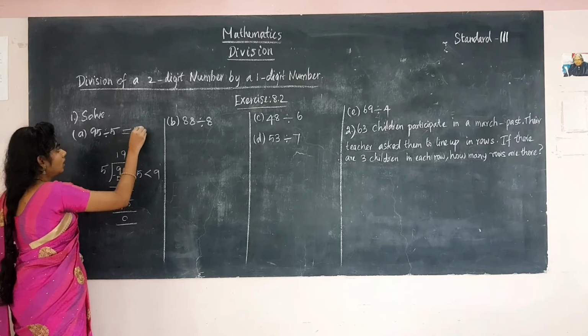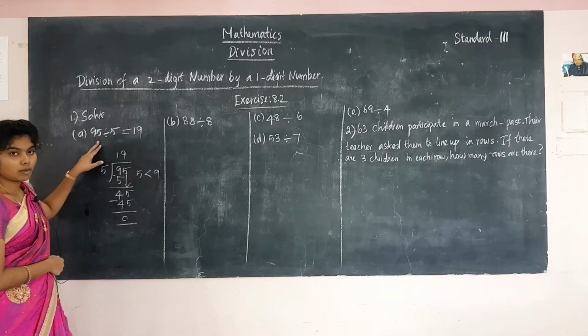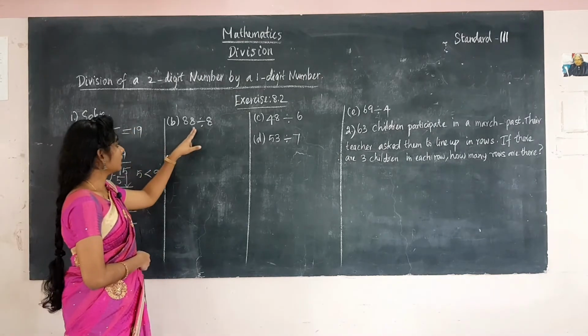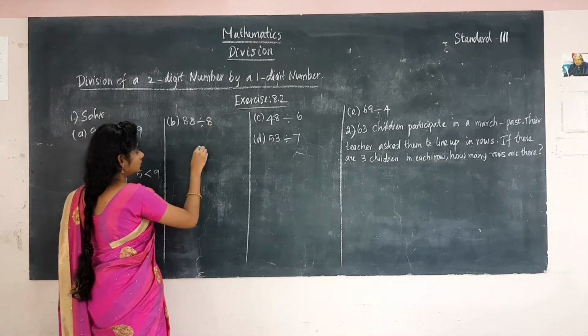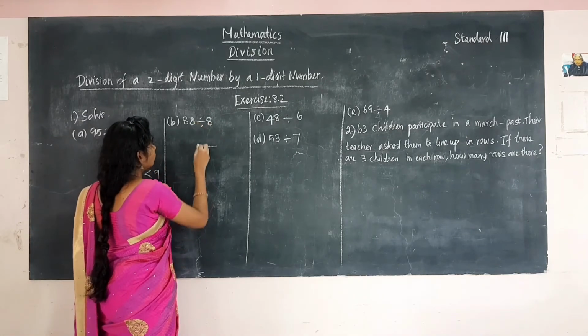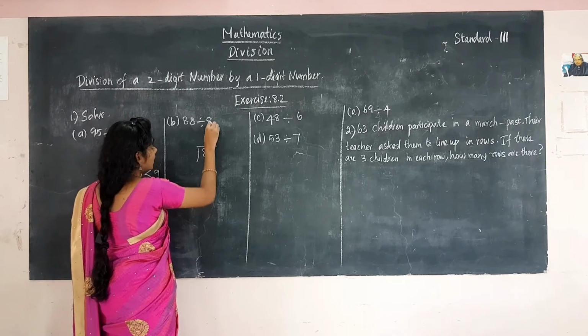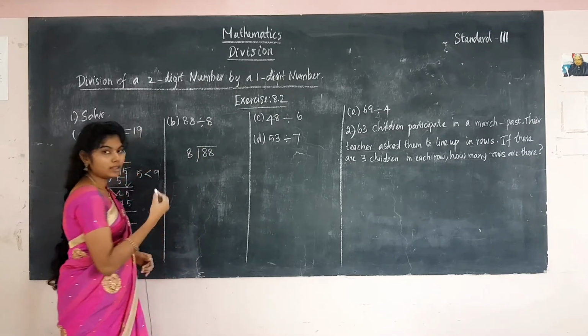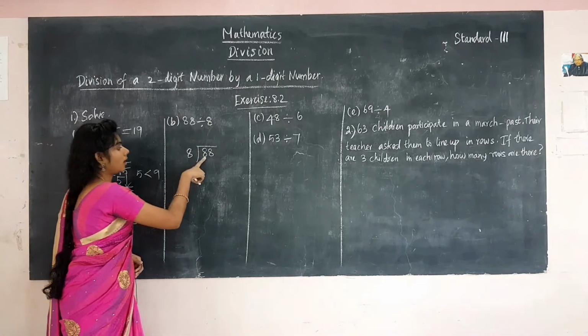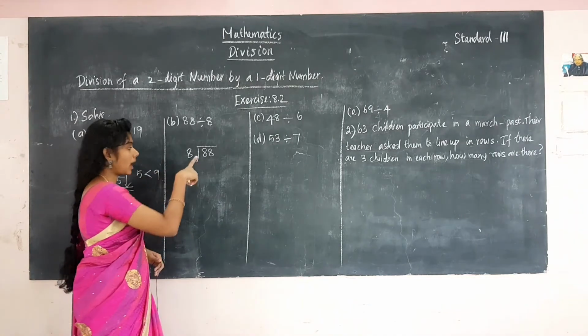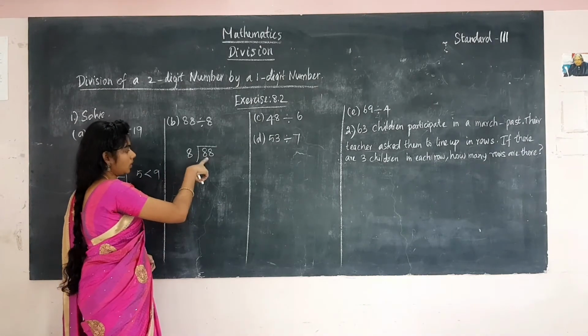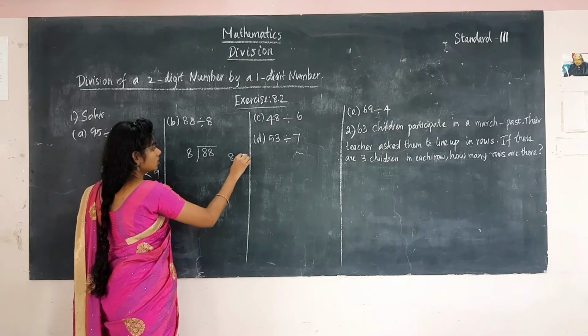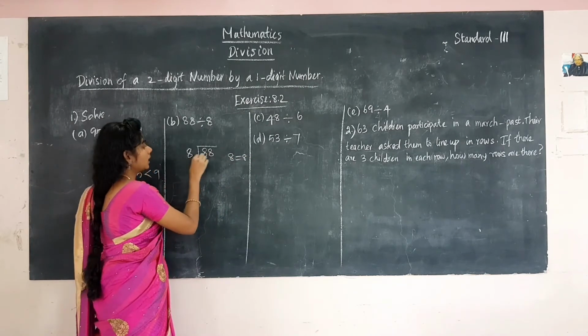We have solved the problem, that is, the division statement is done. And here, 88 divided by 8. Same thing: draw the inverted L, write the dividend inside and the divisor outside. Now before saying the tables of 8, you have to check the tens place: 8 is equal to 8.